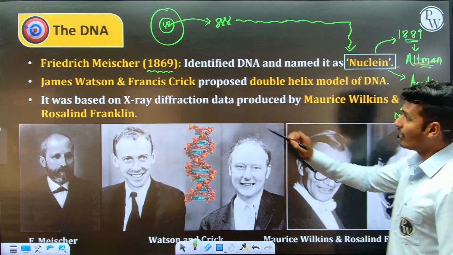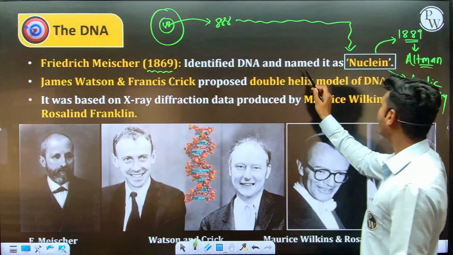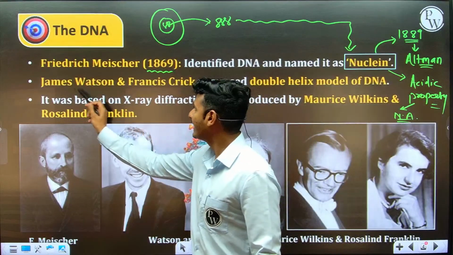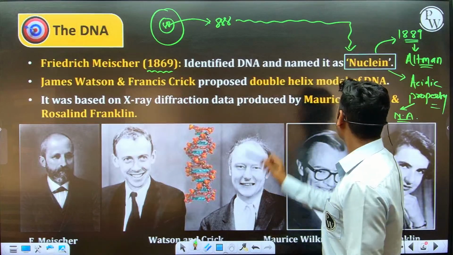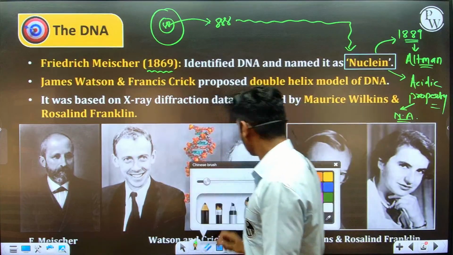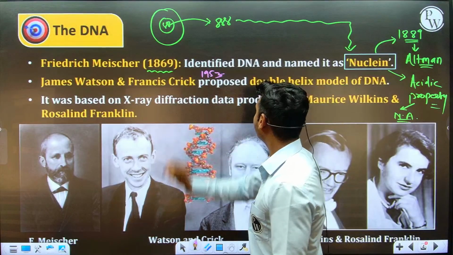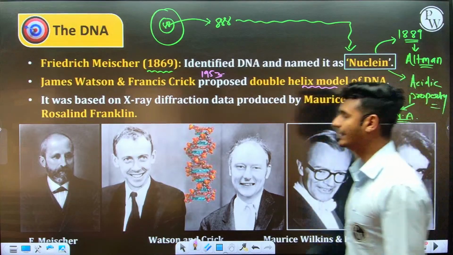So in 1869, Friedrich Miescher identified DNA and named it nuclein, and James Watson and Francis Crick, in 1953, proposed the double helix model of DNA.